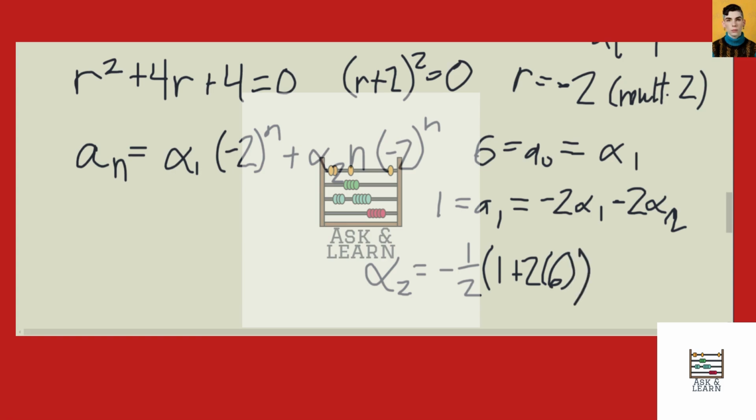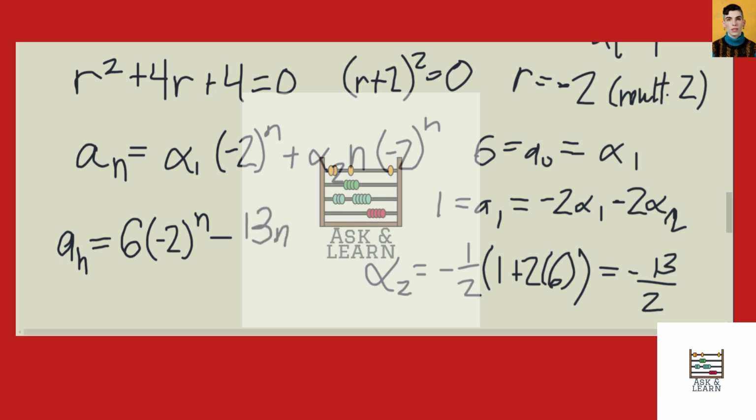This is negative 1/2 of 1 plus 12, or negative 13/2. And so the particular solution is a_n equals 6 times negative 2 to the n, or in this case, minus 13n over 2 times negative 2 to the n.